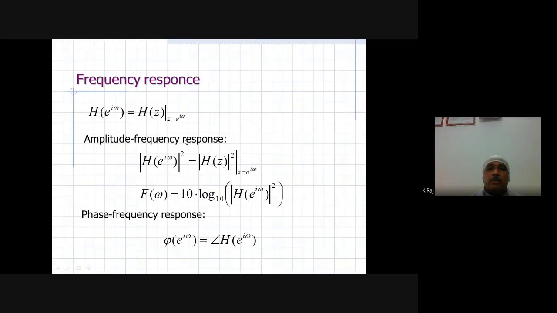To get the amplitude frequency response, |H(e^(jω))|² is considered, that is |H(z)|² at z = e^(jω). Then we apply 10 log10 of |H(e^(jω))|², which gives the magnitude changing with respect to frequency. To get the phase frequency response, φ(e^(jω)) is the angle associated with H(e^(jω)).